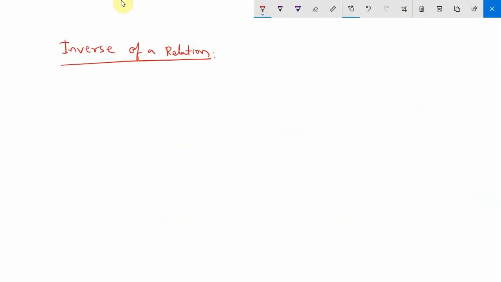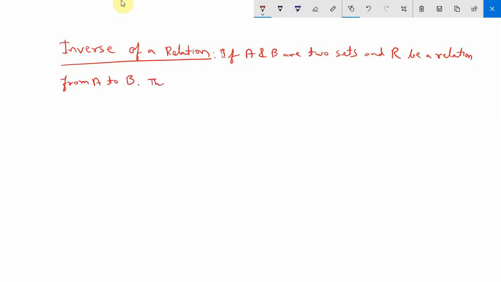If A and B are two sets and R be a relation from set A to set B, then the inverse of R is denoted by R inverse.